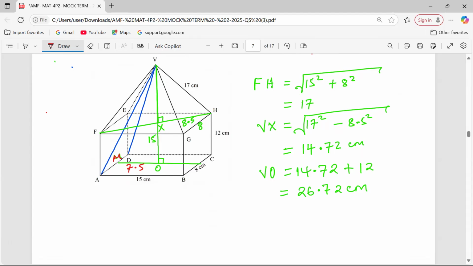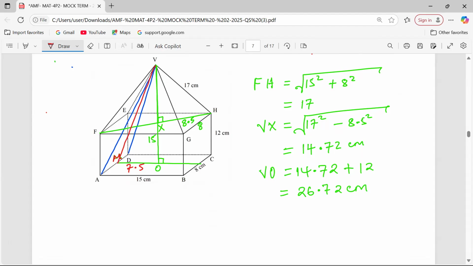So now we can get the angle between the base ABCD and ADV, the two planes, because the two planes are meeting at AD. We need to realize the angle at the line where they meet.